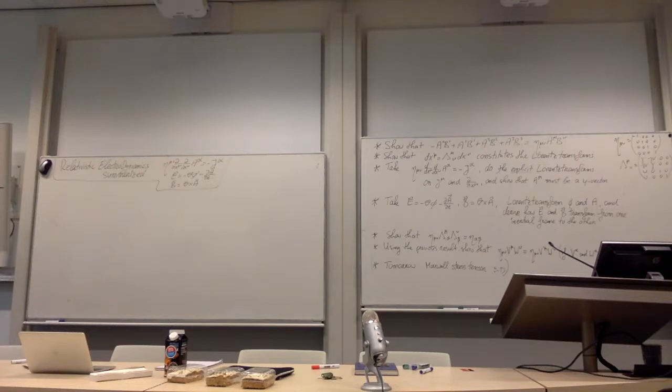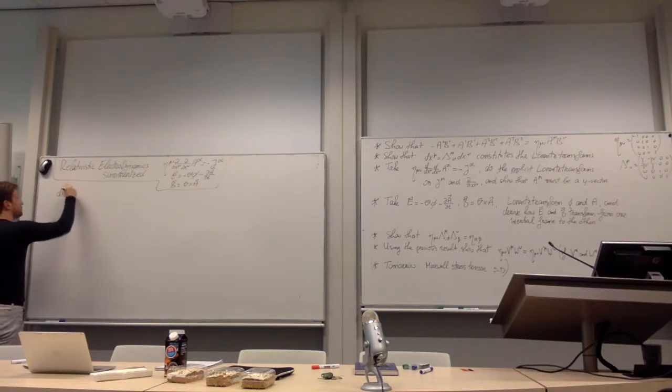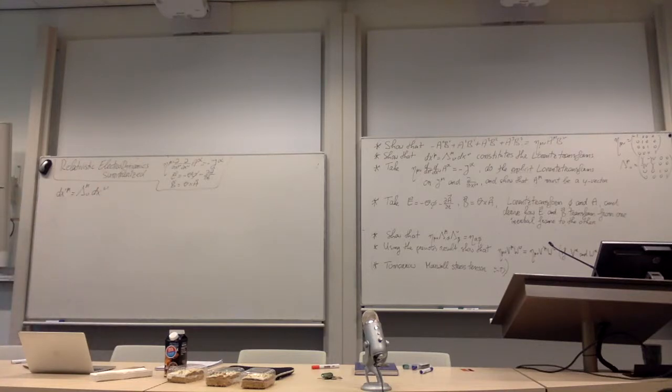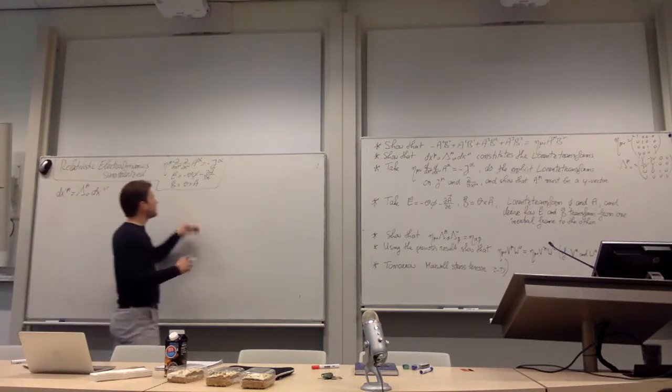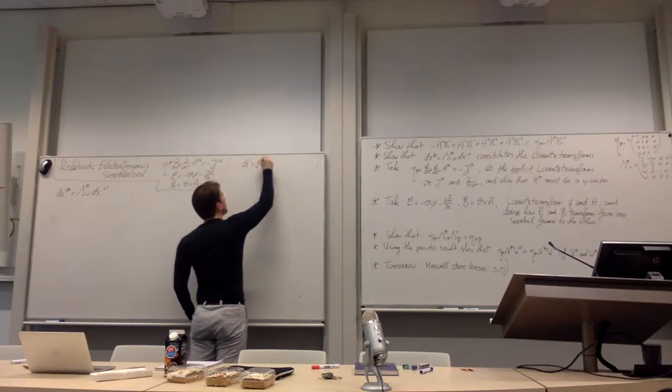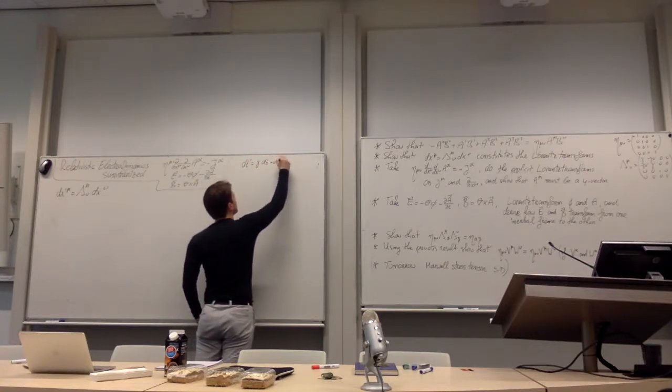Now, show that such and such constitutes the Lorentz transformations. All right. Well, let's just write them down. This is the claim. There you go. Do you remember what the Lorentz transforms were in non-4-vector notation? dt prime equals gamma... Yeah.